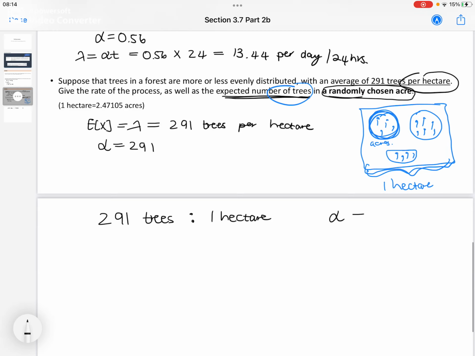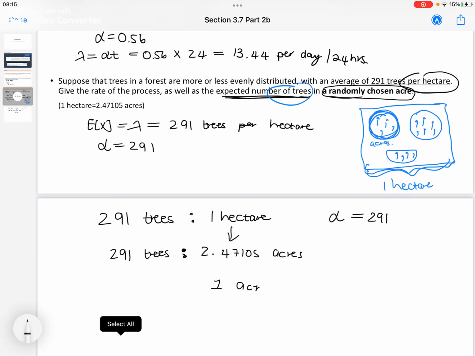Okay, so we have here 291 trees in 1 hectare. We see that the rate alpha is equal to 291. Now, this is the same as 291 trees in 2.47105 acres. It's exactly the same. So 1 hectare is equivalent to 2.47 acres. Now we want to know for 1 acre, how many trees will we have here?